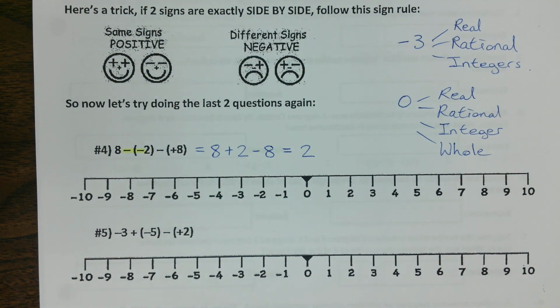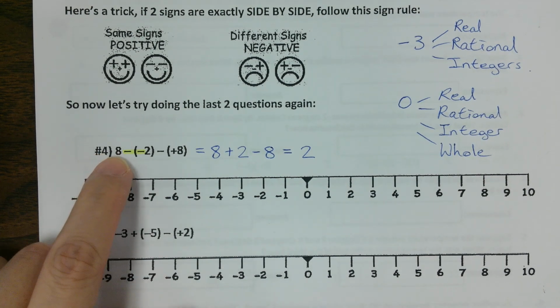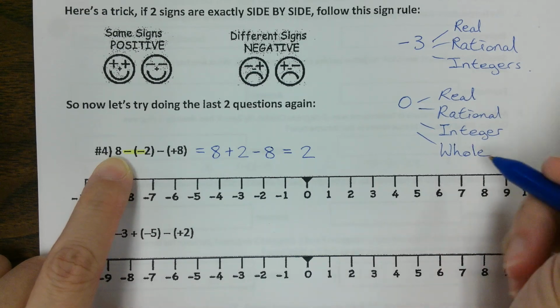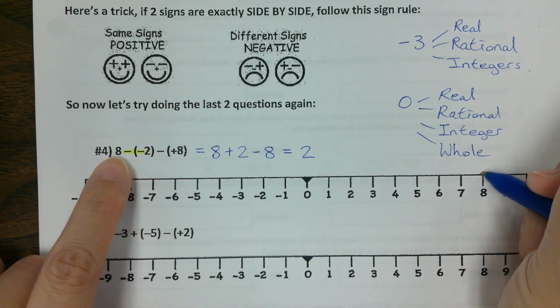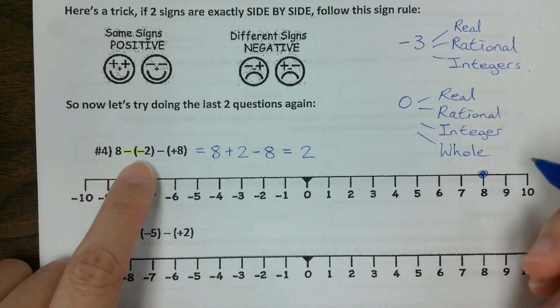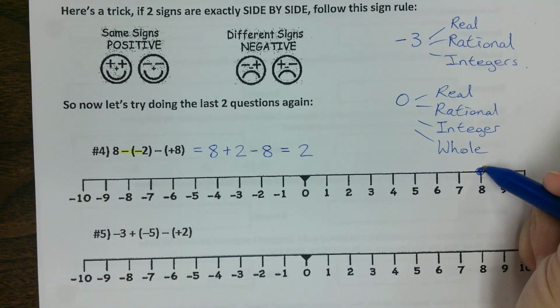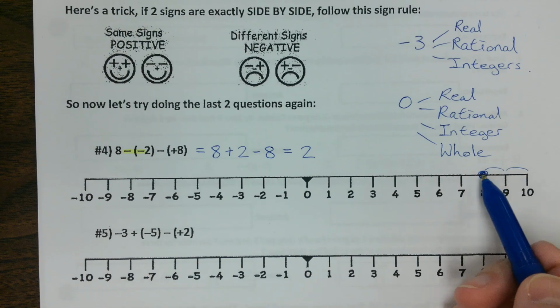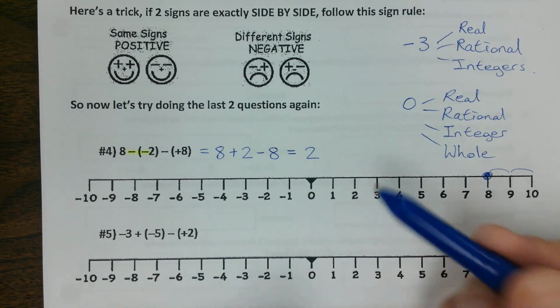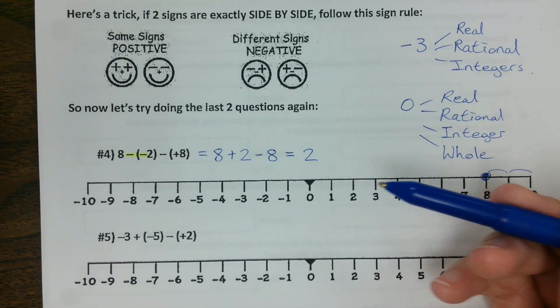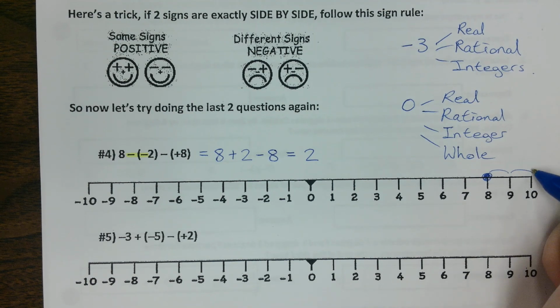Okay? I'm just saying, if you need to use a number line, then you would start off with 8 right here, and then minus -2. You go this way. Usually minus means go to the left, but because it's negative, that's why instead we went this way.